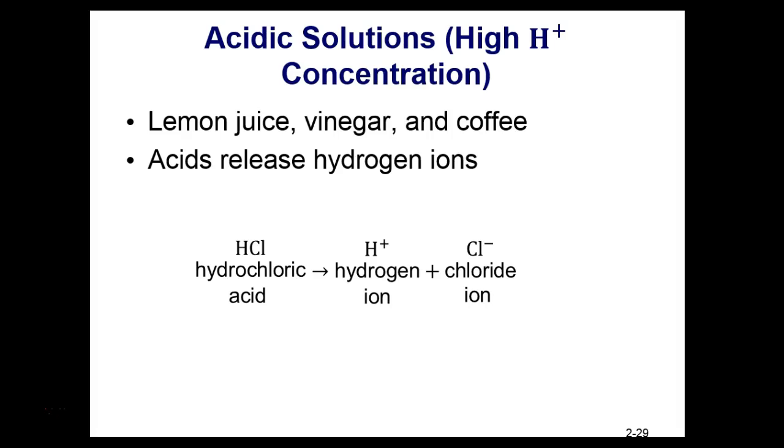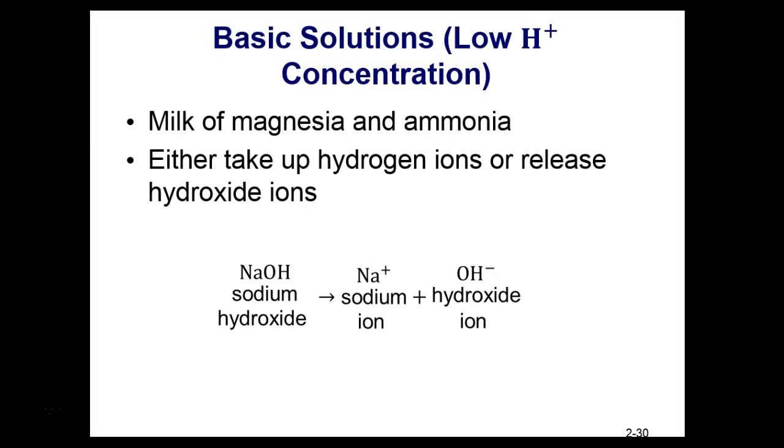Lemon juice, vinegar, coffee, they release hydrogen ions. That's what acids do, and they accept hydroxide ions. Now here you have a base. Anything that's above 7 is considered a base. If you look at the blue, the numbers are bigger once you go past 7, and those things are considered basic.